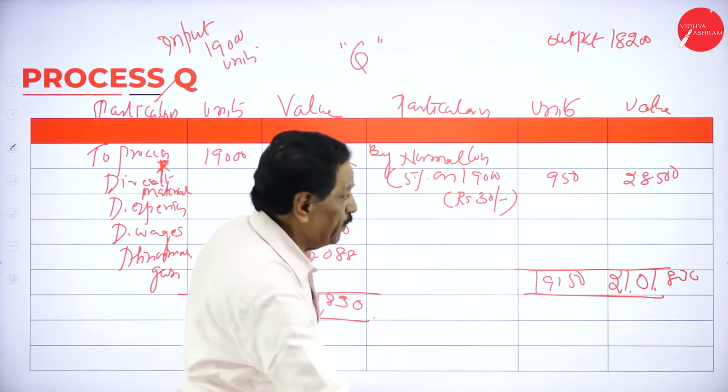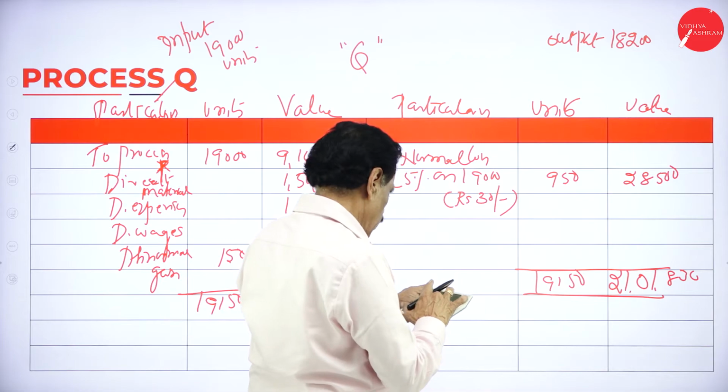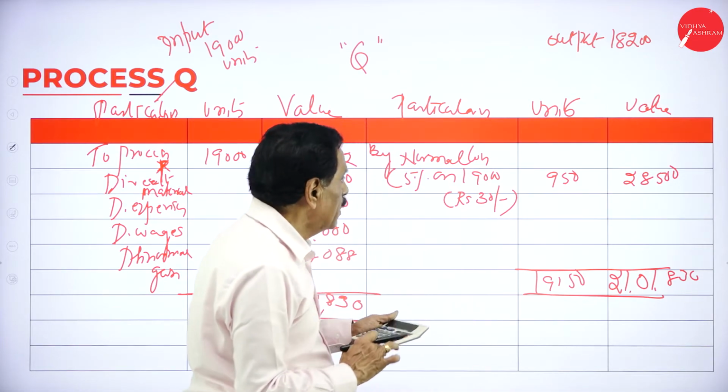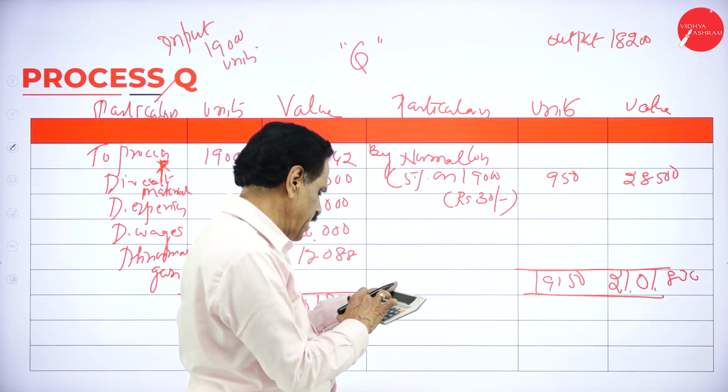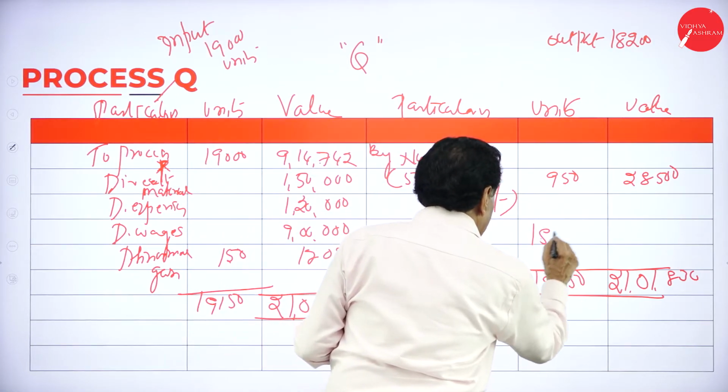Out of 950 gone, see that: 19,150 minus 950, 18,200 is your output.